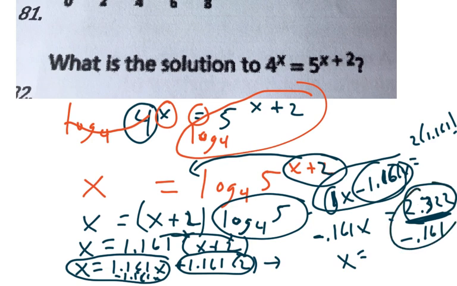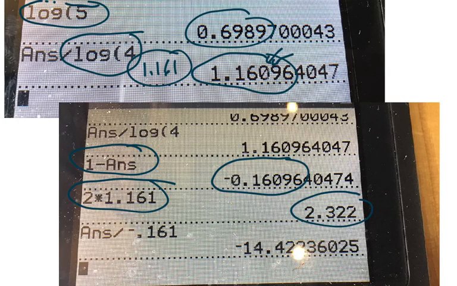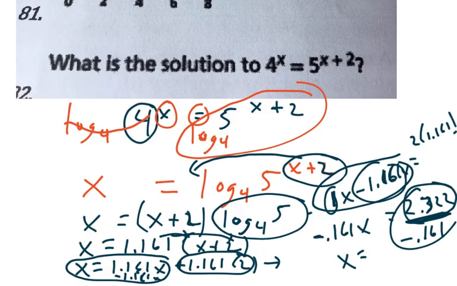Now I hope you're able to follow that, guys. And so I end up with the answer, negative 14.42. And that's what we're going to go with. If x is negative 14.42, guys, we will ensure that 4 to the x equals 5 to the x plus 2.